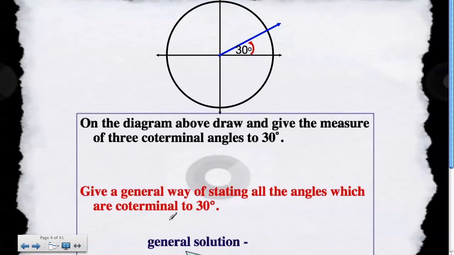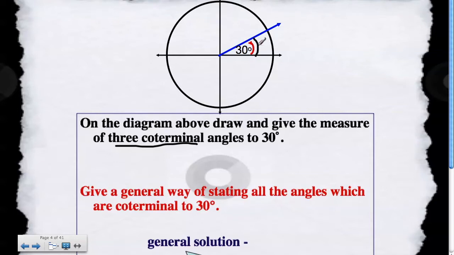Okay, so now, on the diagram above, draw an angle and give three coterminal angles to 30. What I did in my little drawing here is I drew an angle of 30 degrees, which I know is in quadrant 1.